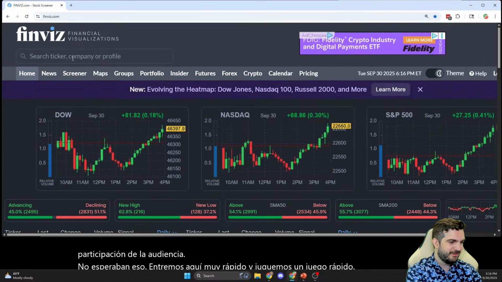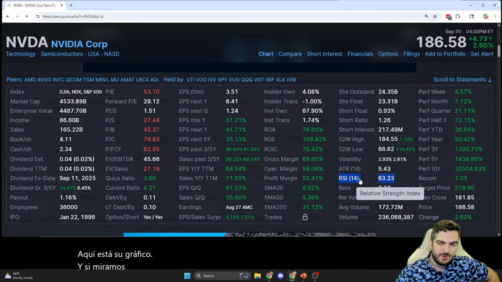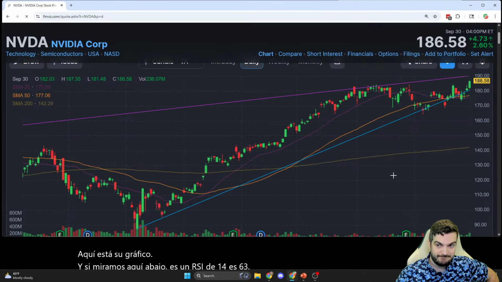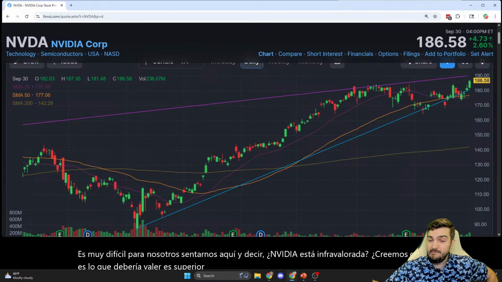Here's its chart. And if we look down here, its RSI of 14 is 63. It's very difficult for us to sit here and say, is NVIDIA undervalued? Do we think that what it should be worth is higher than $186? I don't know.